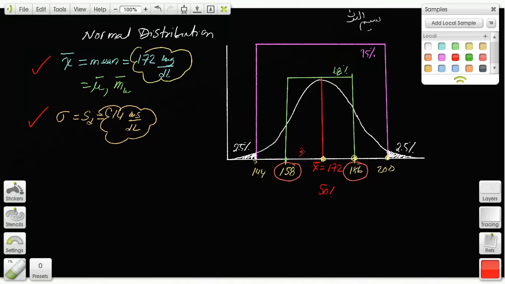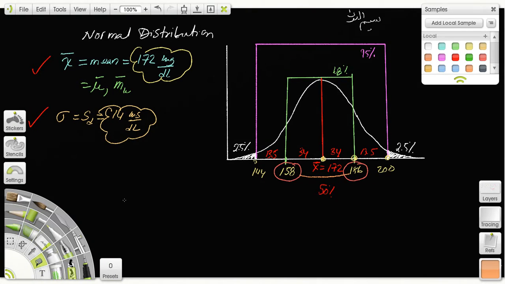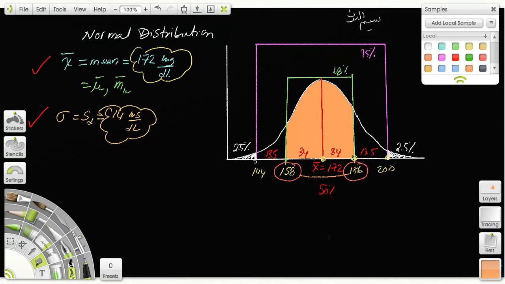We said this is 34%, this is 34%, and this is like 13.5%, and this is 13.5%. So the question here was what percentage of the women are between these two values, and that is going to be this part.